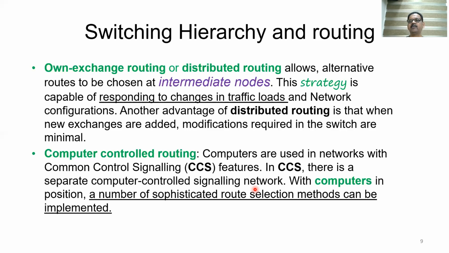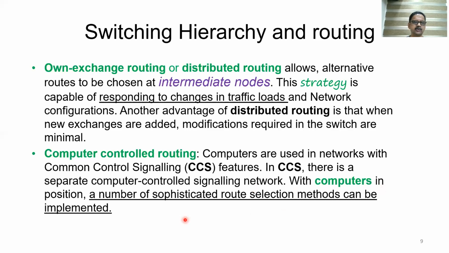Signaling will first be established between the source and the destination. It may follow a certain route and use its own trunk group, and speech can pass through some other path also. That is the beauty of CCS signaling, which we will discuss in detail in our subsequent lectures on signaling methods.